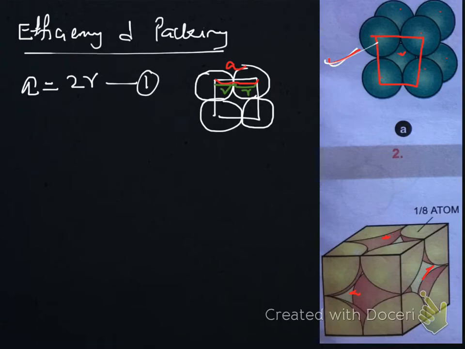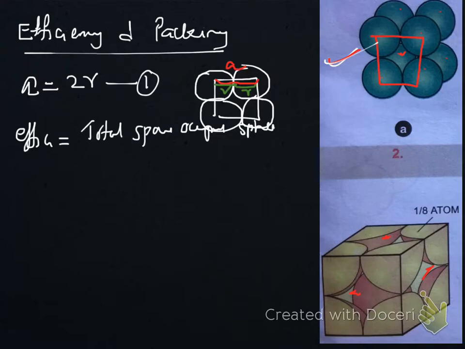Now what is the efficiency? Total space occupied by spheres or particles by total volume of cube into 100, then it is percentage efficiency.